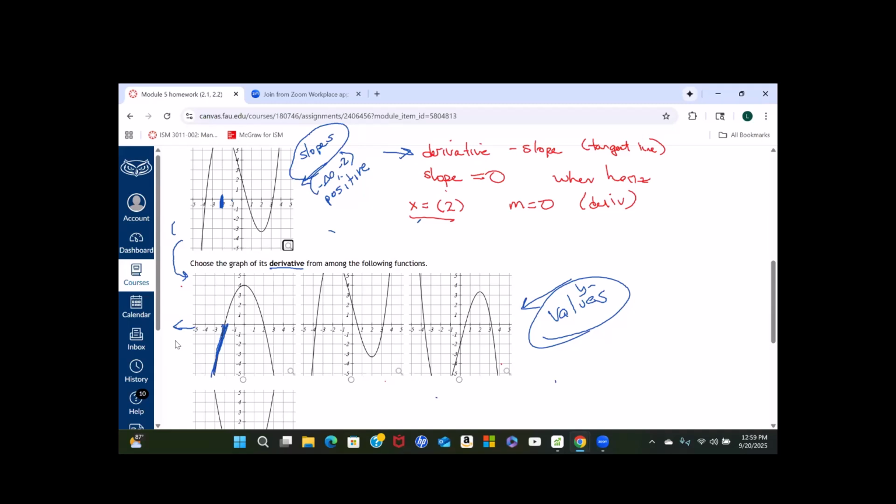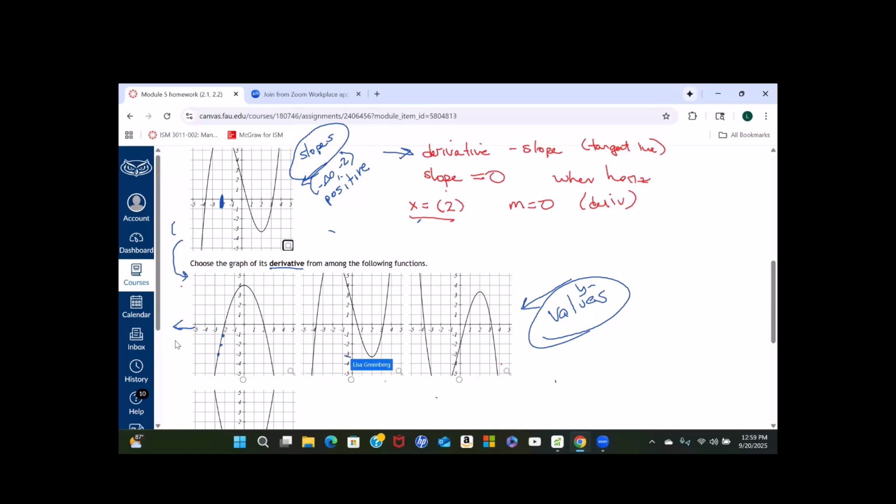What's the y value here? -1. What's the y value to the left of that? Here, this is -1, and here, this is -2, and this is -3. And it doesn't really matter what number I go to, they're all going to be negative.